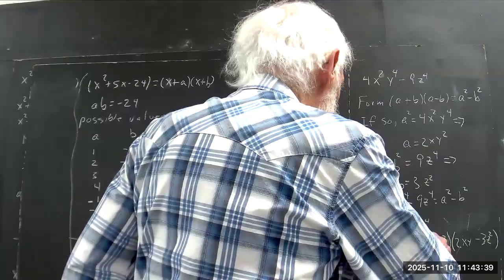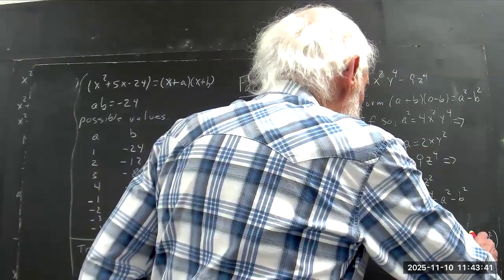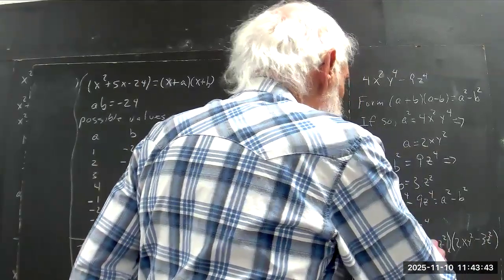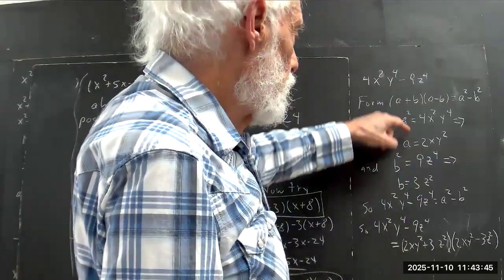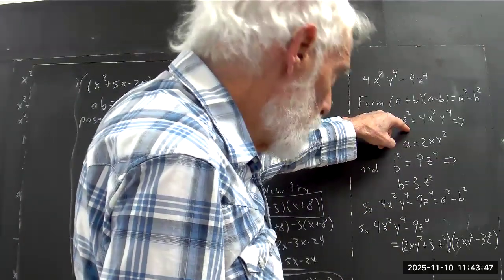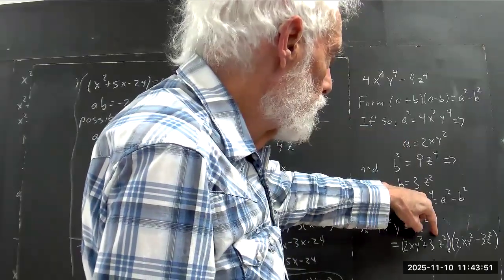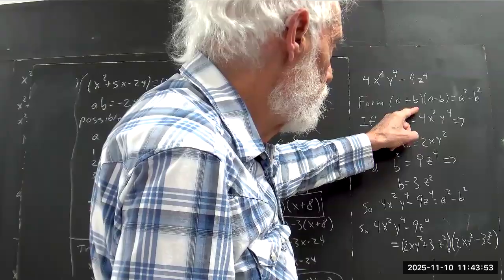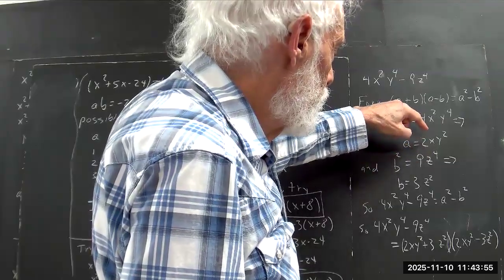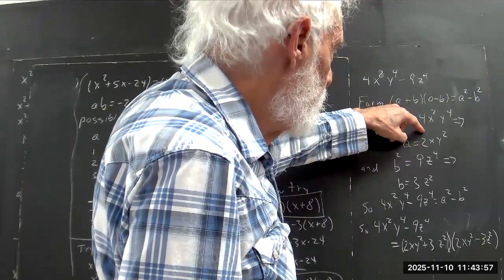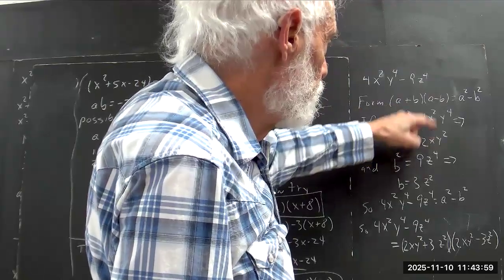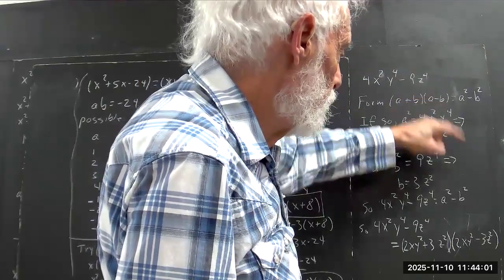So a plus b is 2xy squared plus 3z squared here. I left my square off the y. So again, a is 2xy squared, b is 3z squared. Here's our a plus b, and 2xy squared minus 3z squared, which is our a minus b.